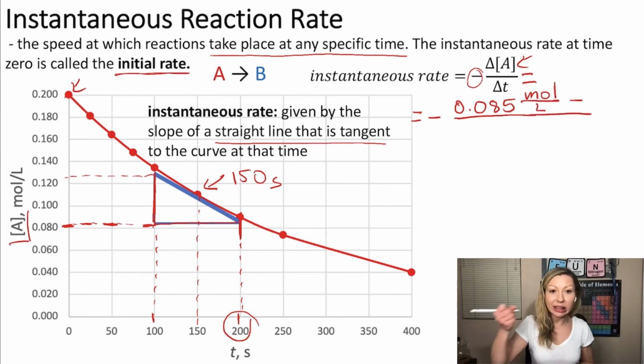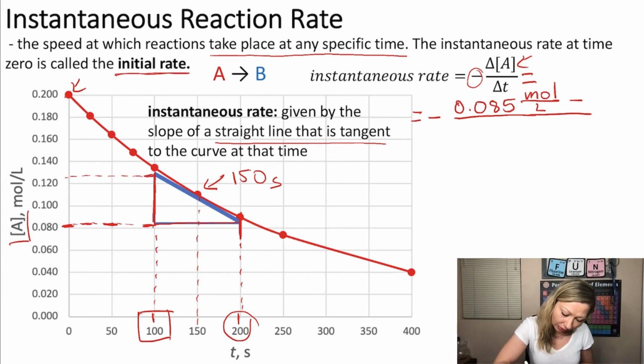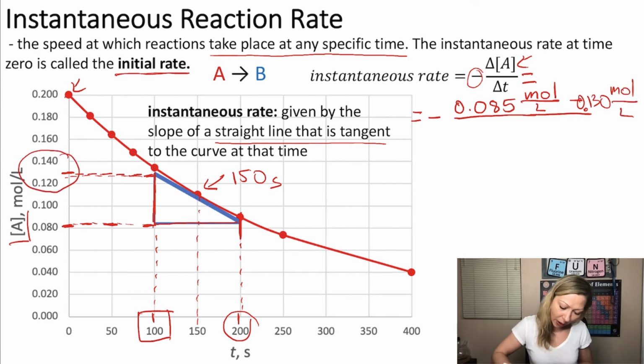Now, what is the concentration at t1? t1 is going to be 100 seconds. So that's approximately going to be 0.130 moles per liter, right? It's right between these two values.